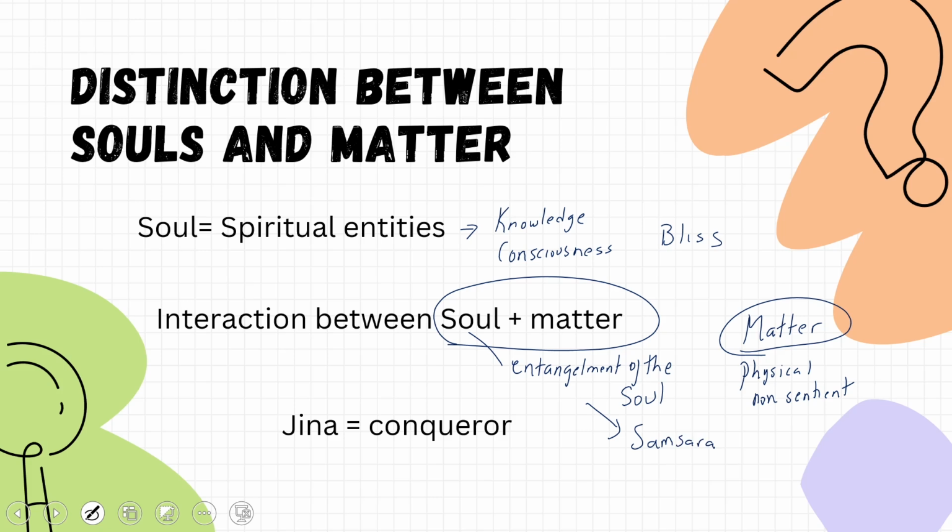So a few classes back we saw the five things that come under matter, right? So just go to a few classes back when we did the concept of God and soul.